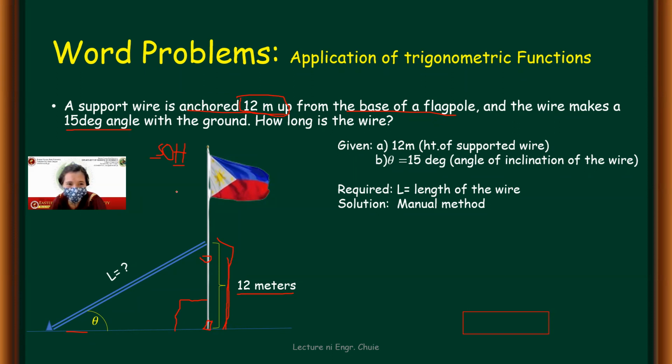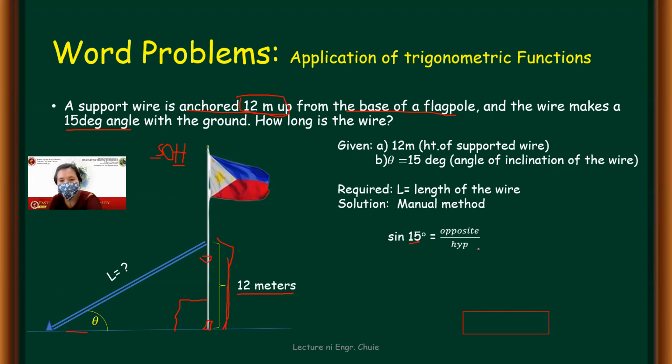Yes, ma'am. So, okay, that is good. We can use sine since mayroon tayong opposite, mayroon tayong angle. So, sine equals opposite over hypotenuse, in which yung ating 15 degrees is yung ating angle.